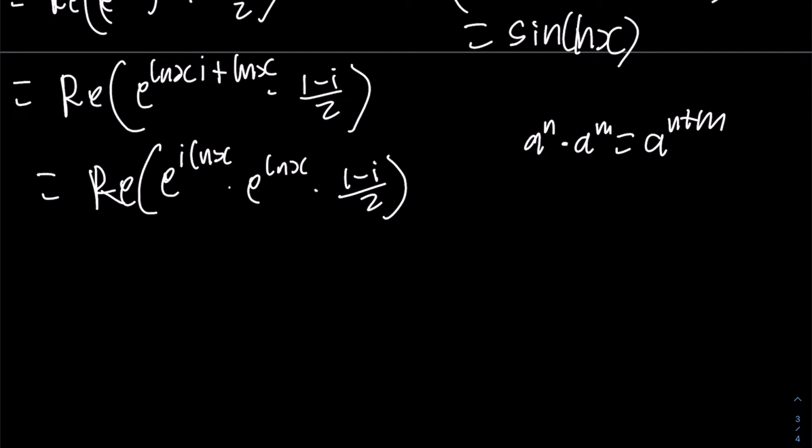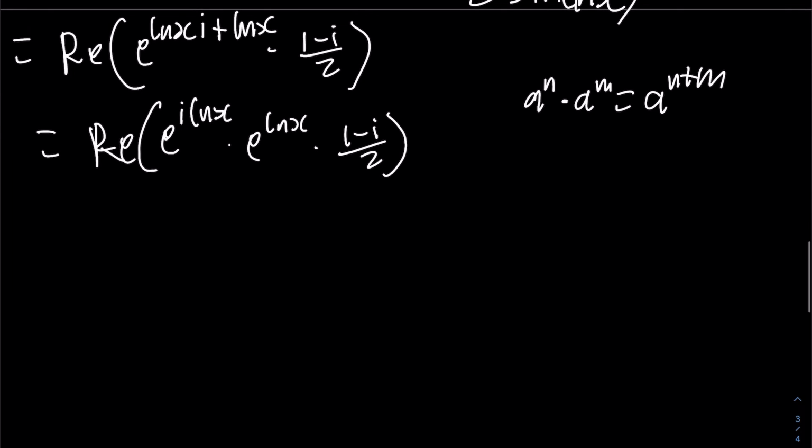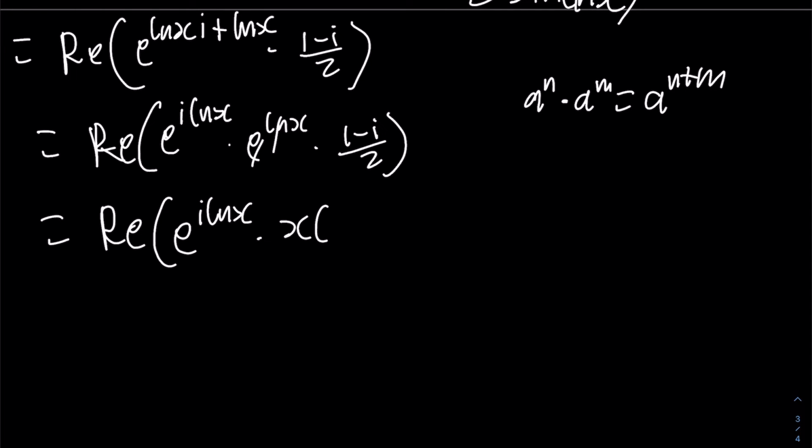And what we see here is that e to the ln x, well, of course, that is just x. So we have now the real part of e to the i ln x multiplied by x times 1 minus i over 2. You can write it like this.